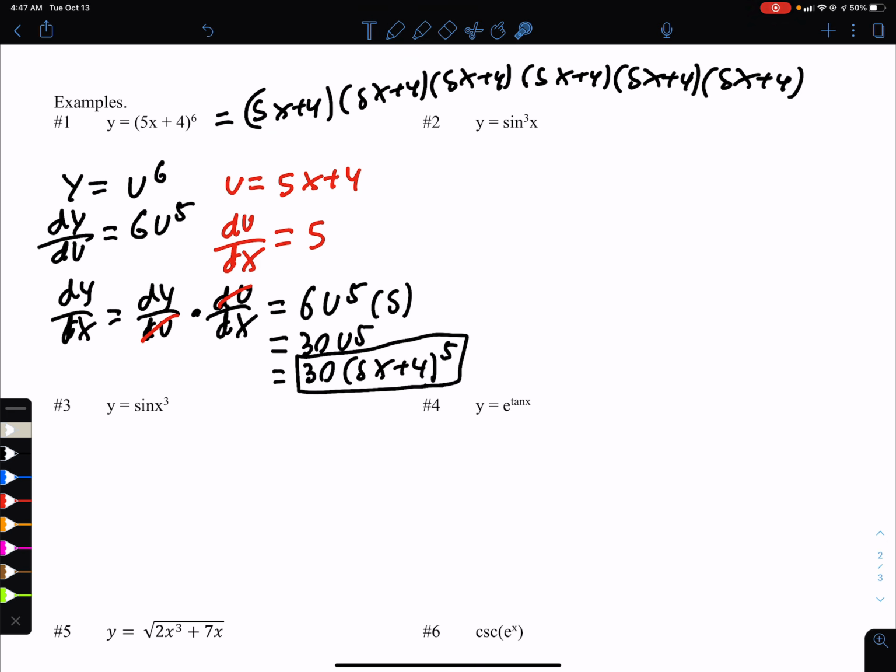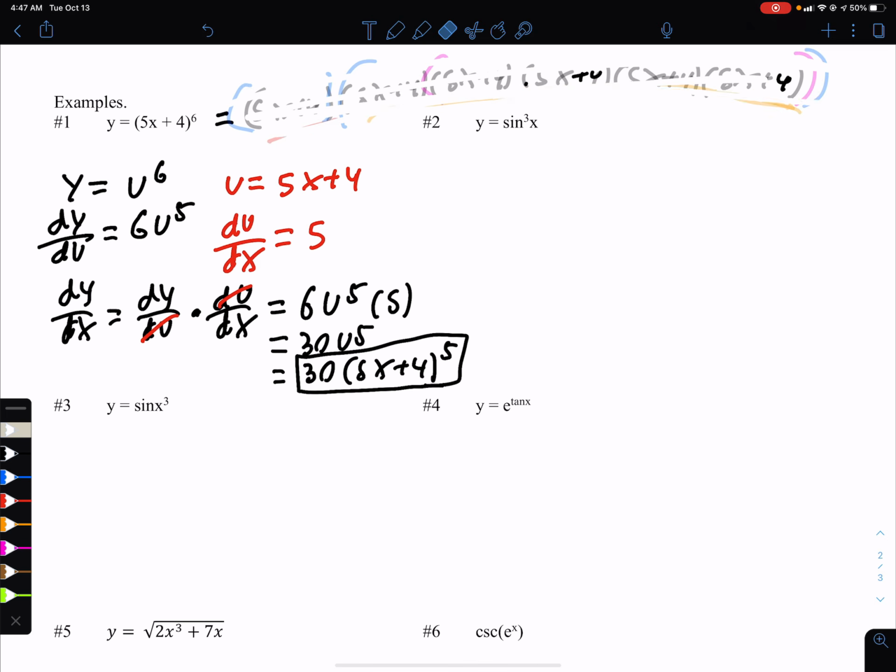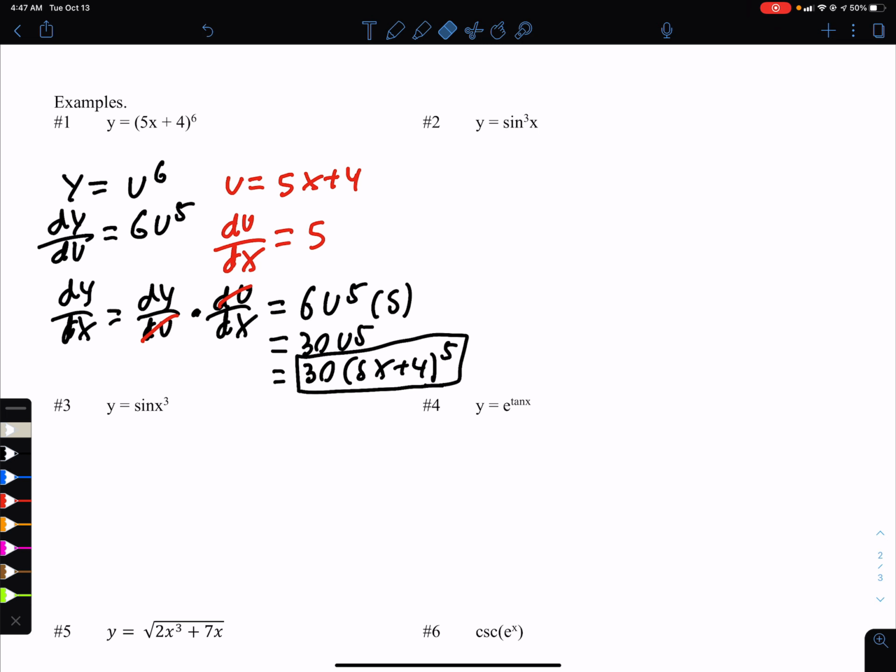Or, even uglier, you could break this into 2 blobs and do the product rule between the first blob and the second blob. But when you take the derivative of that, you'd have to make another product rule, break it into 2, and just keep on going and going and going. It gets very ugly. You do not want to do that. So the chain rule is a lifesaver. It enables us to take derivatives of things that we couldn't before.